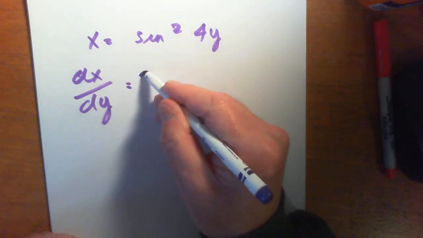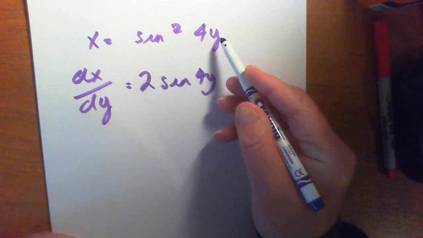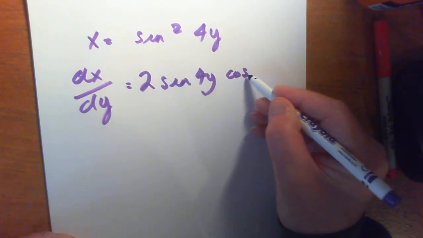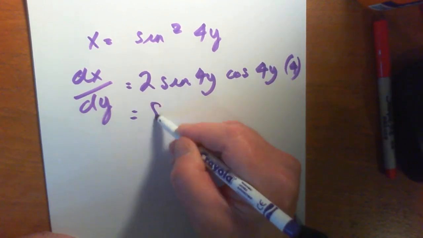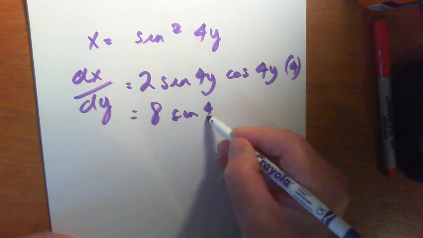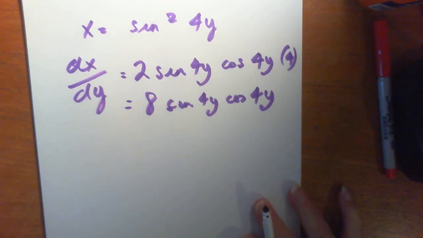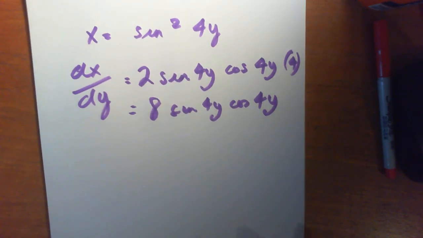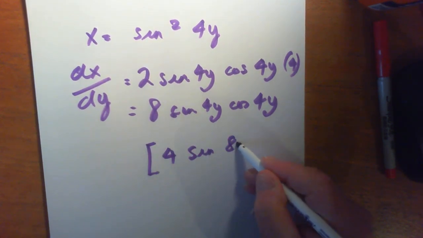So what you do is you say 2 sine 4y. You then differentiate the sine 4y, which will give you cosine 4y times 4, which will equal 8 sine 4y cosine 4y. So I've done that all in one go. If you're not happy about it, do work it out using the chain rule. And this is also equal to 4 sine 8y.